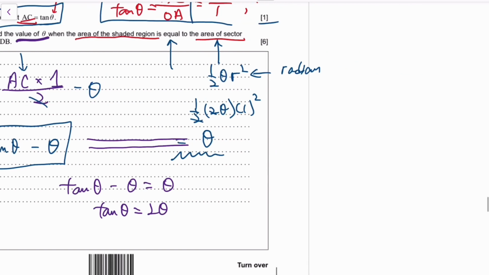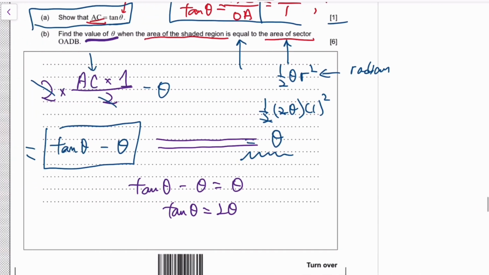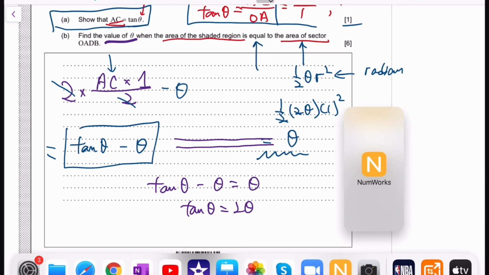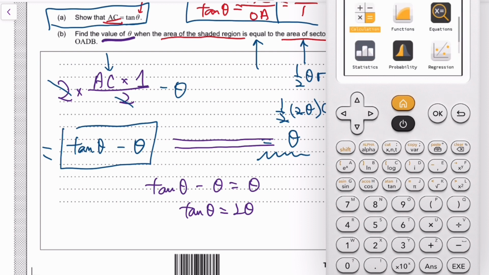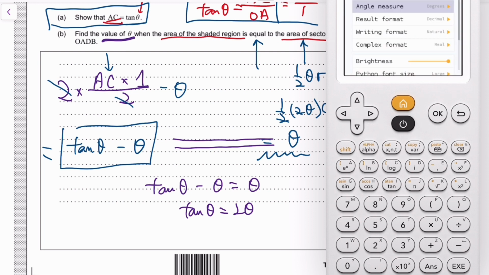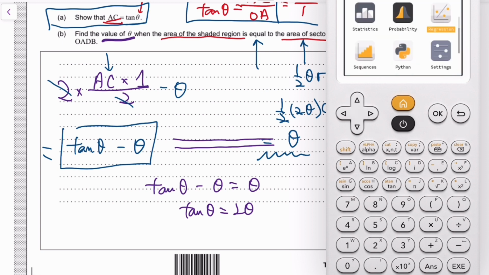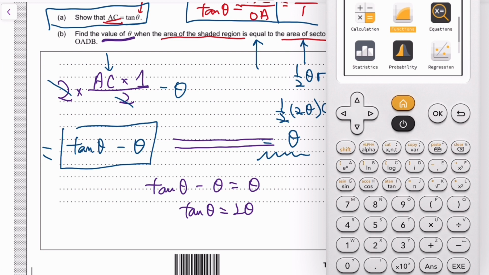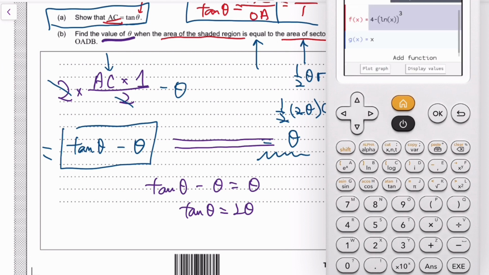Again, this is not something you can solve by hand. So we'll go to the GDC. Now for this, make sure your GDC is in radians, otherwise it'll be all wrong. So the first function is tangent theta.